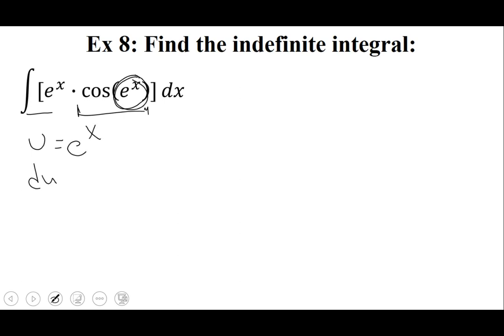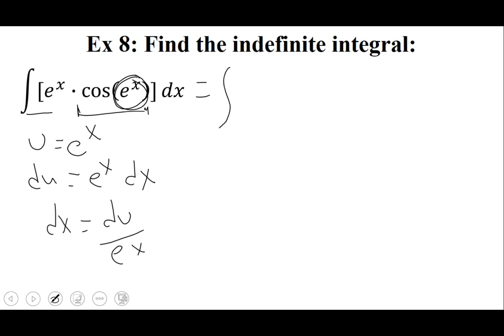Then du is equal to, again, use your green sheet as needed. The derivative of e to the x is simply e to the x dx, which means that dx is equal to du over e to the x. And that turns out to be an extremely good thing, because now when I go to rewrite my problem, I have the original e to the x.